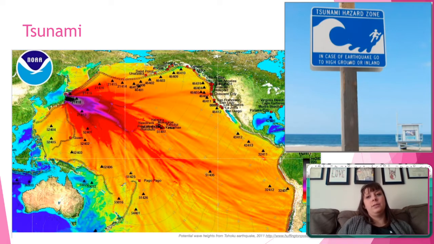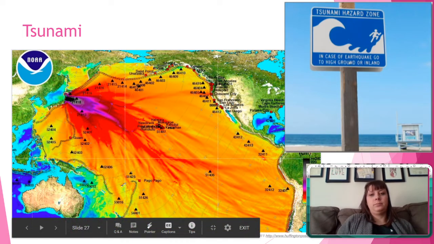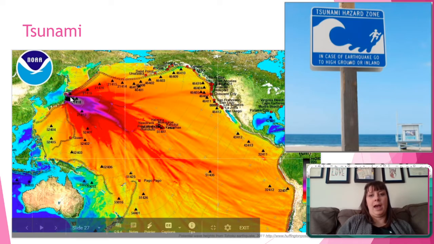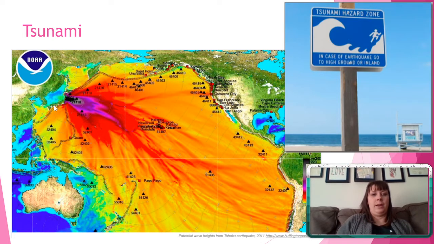With earthquakes, we also see tsunamis. This is a picture from the 2011 earthquake and tsunami that impacted Japan. So you can see, it gets really bad right up here by Japan. Right, Japan's right here.